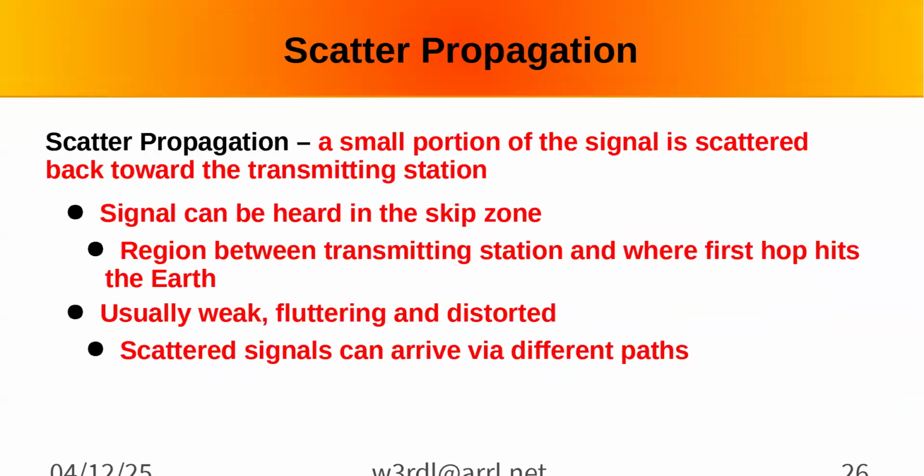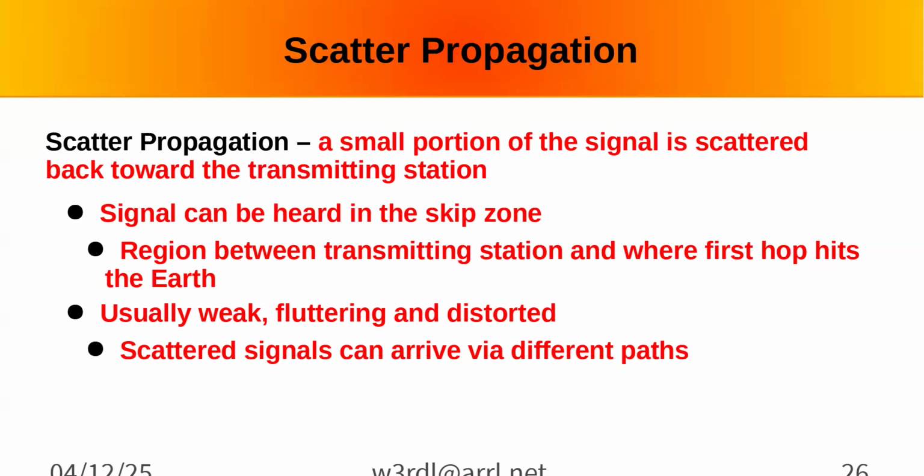Scatter propagation. A portion of the signal actually gets reflected back. It's not refraction, it's actually reflection off of particles and things. That's why they call it backscatter. So you get a small portion of the signal that's coming back at you, or sort of in your reverse direction.